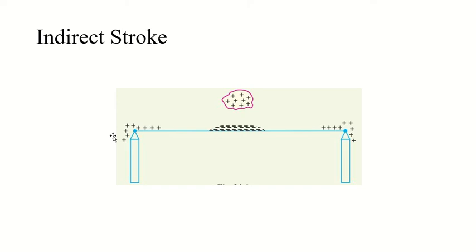So when the cloud discharges to the earth, or to another cloud, the negative charge in the wire is isolated. You can see, because we have positive charges over here, the negative charge is isolated, and we have positive here, so what will happen? The positive will attract the negative, right?